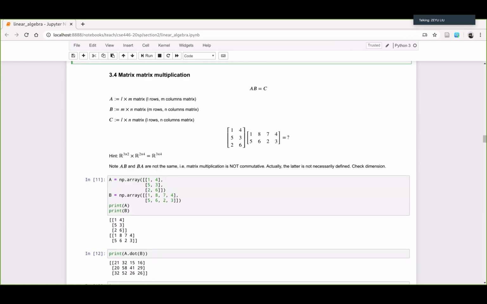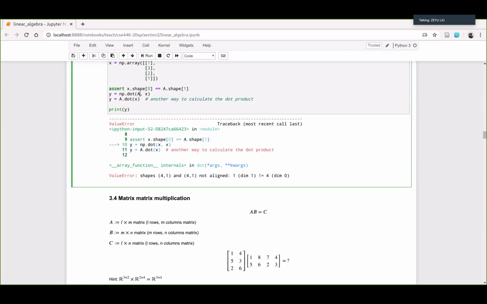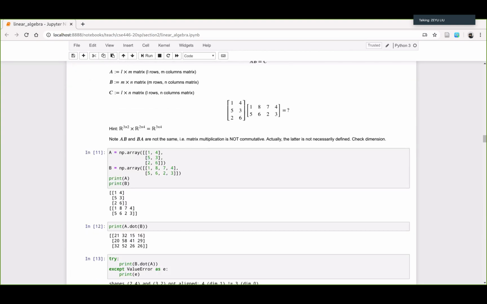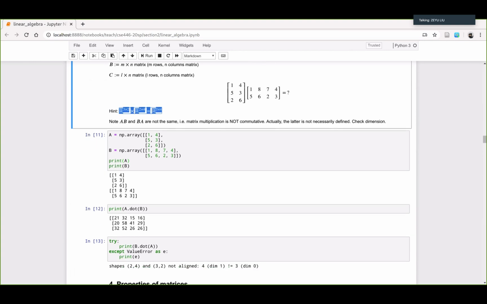Matrix multiplication would be basically the same as this one, except that A and B have to have the dimension, the second dimension of the first matrix needs to fit the first dimension of the second matrix. Yeah, just basically this line.